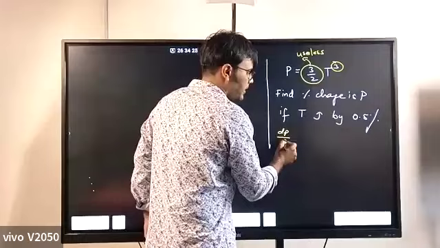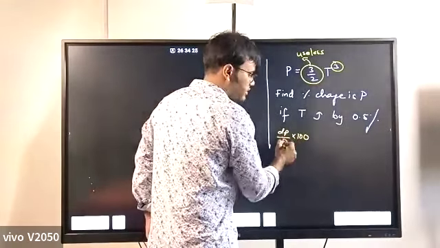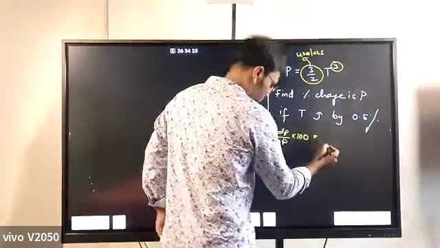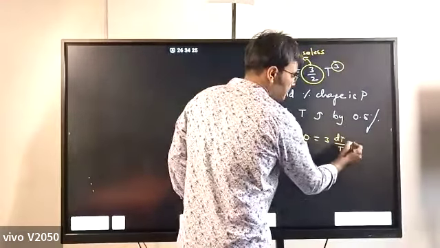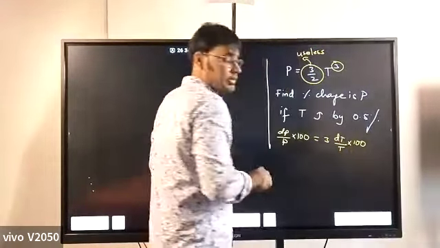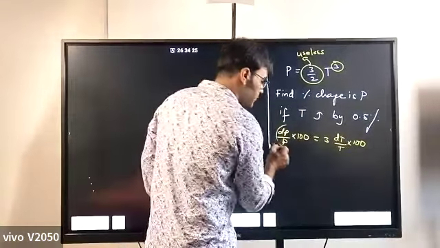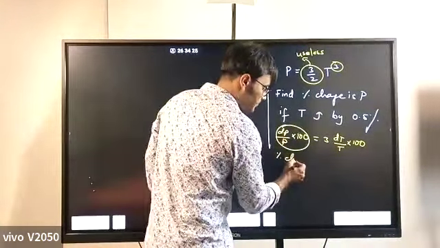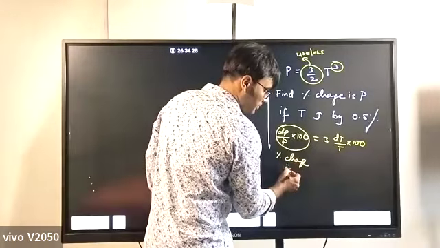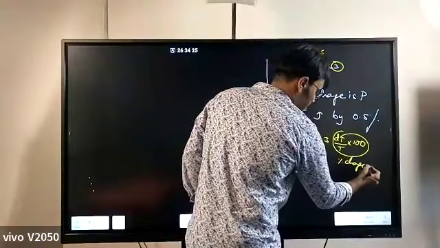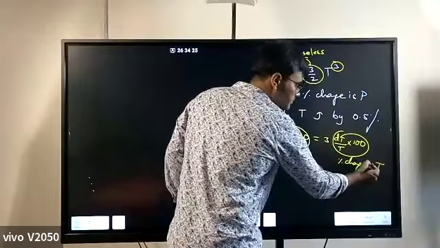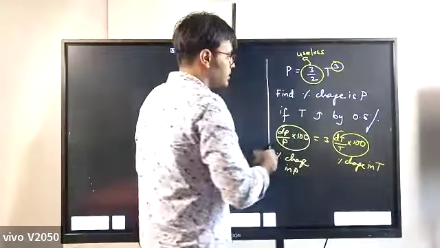So dP by P into 100, the percentage change in pressure, will be equal to 3 times the percentage change in temperature. So this is percentage change in pressure, and this is percentage change in temperature. Very easy now.